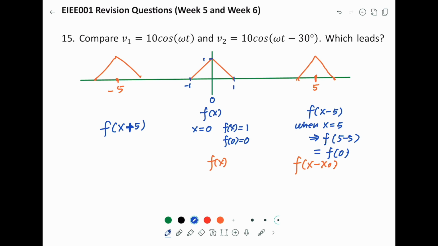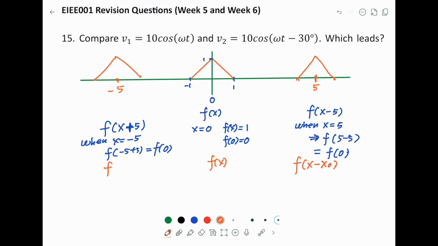Why? Because this time when x equals minus 5, this function becomes f(minus 5 plus 5). It means f(0). So the same, which is the peak, the maximum at f(0). So this is how we interpret it.